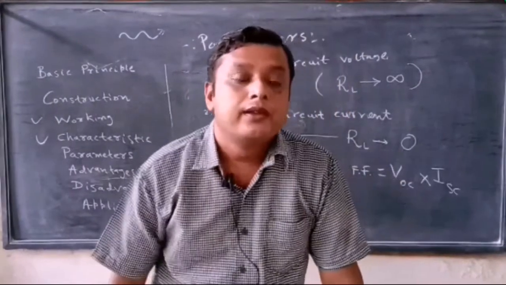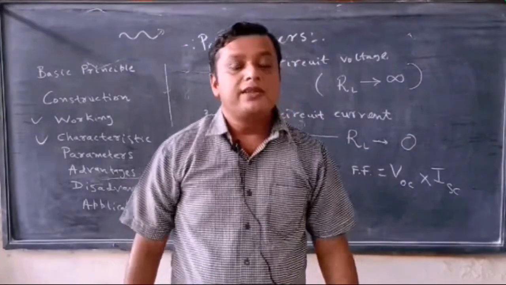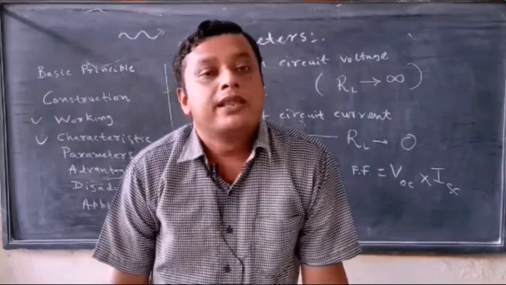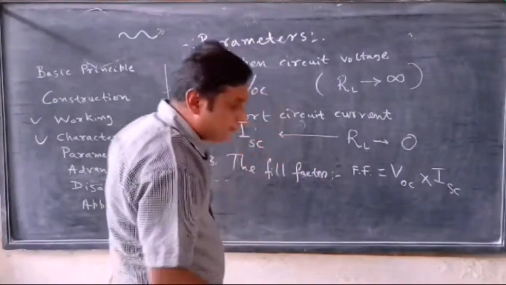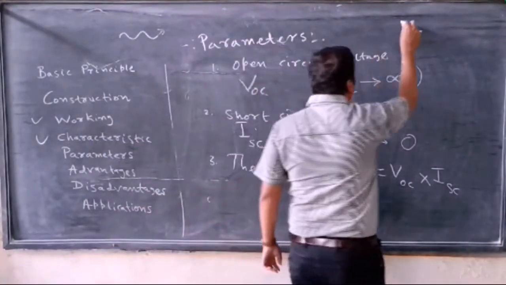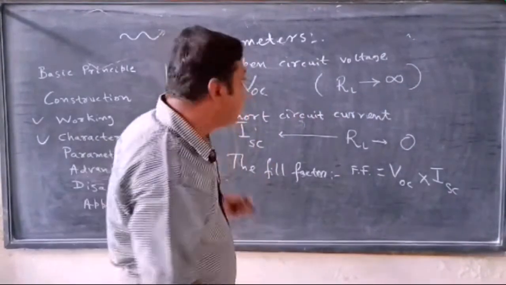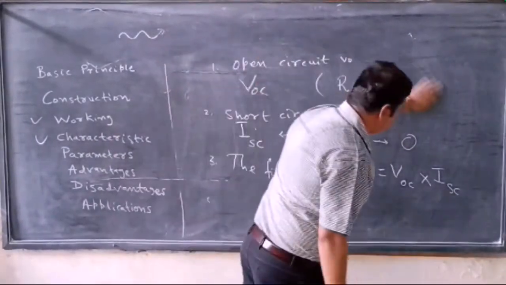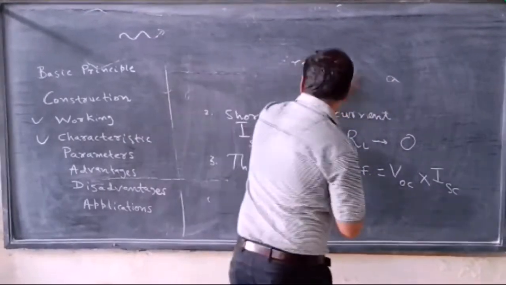Further, maximum power which is being generated by the solar cell could be written in the form of maximum power which is being generated across the solar cell for a particular intensity of the incident light.